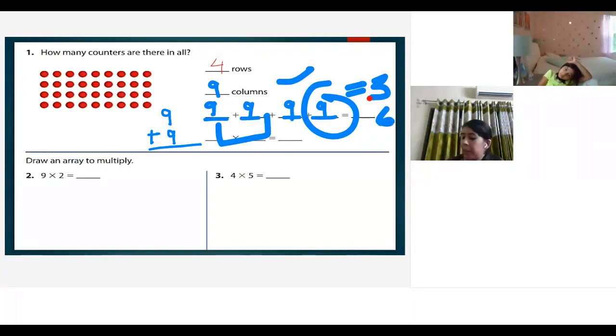Now 3 9s I have taken. Okay, now one more 9 left. 28, 29, 30, 31, 32, 33, 34, 35. Last is 36.